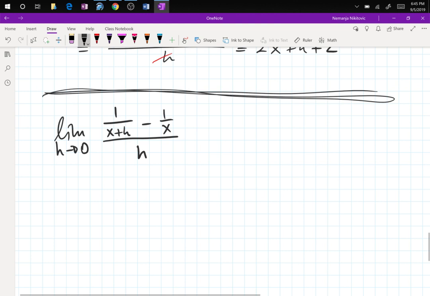So this difference quotient is just for the function 1 over x. You can see it here. Remember that this piece is f of x. So that's where you read what the difference quotient is for.